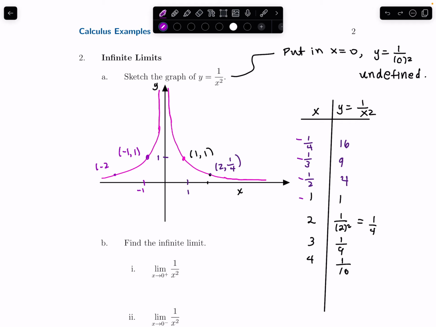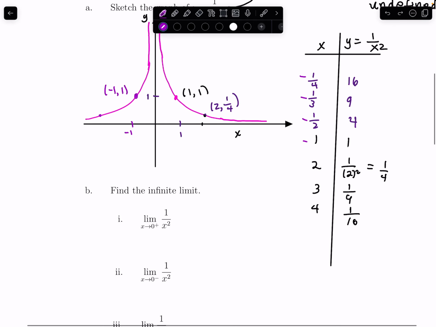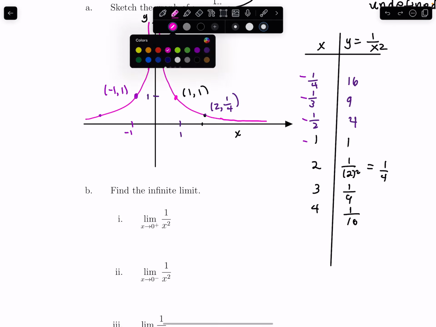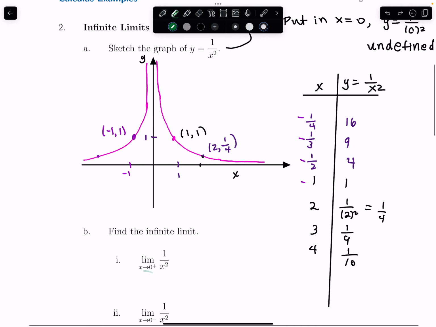All right, I think that's enough for plotting points. Now the question about this within infinite limits is this. As x approaches 0 from the right, so this means from the right of 0. Why am I saying this to the right of 0?